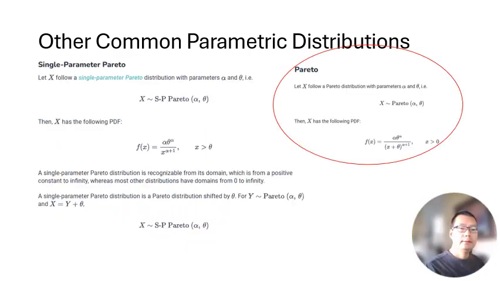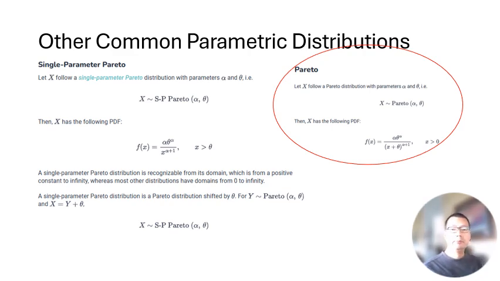The last distribution that I'm going to talk about is the single parameter Pareto. To learn the single parameter Pareto, the easiest way is to compare it to the regular Pareto. So I put the regular Pareto in the red circle. Comparing these two, we can see that f(x) is slightly different.